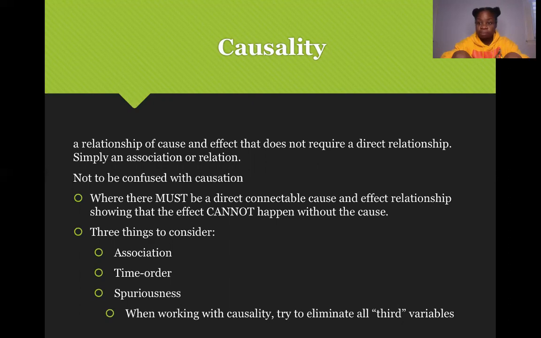And think about spuriousness, right? Where spuriousness is where we try to eliminate all other third variables. Are there more variables that are related to this one specific causing variable, or independent variable, okay?